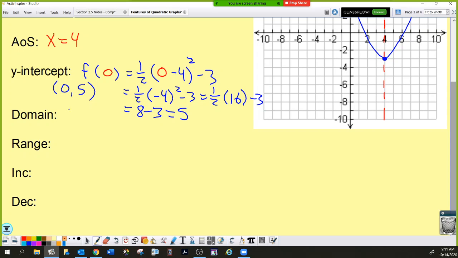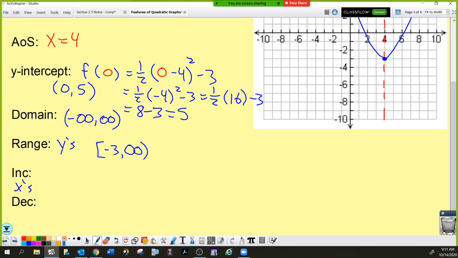Domain never changes. For quadratics, it is always negative infinity to positive infinity. Range. Because this graph has a minimum value, we write our interval from the minimum value that it hits, and by the way, these are y's, beginning at the minimum value of y equals negative 3 and going up forever. For increasing and decreasing, you always use x's to describe.